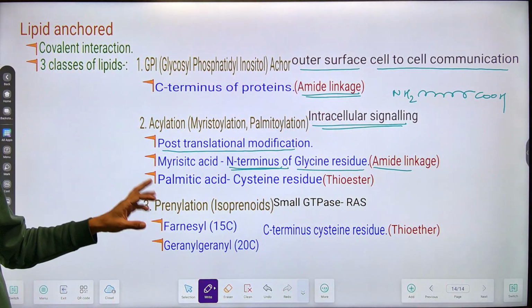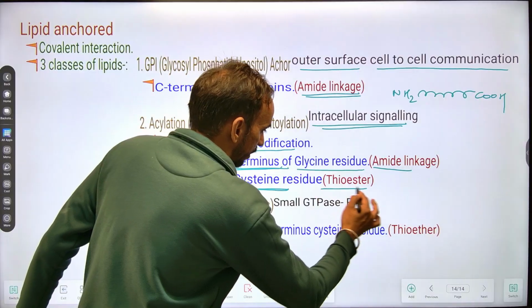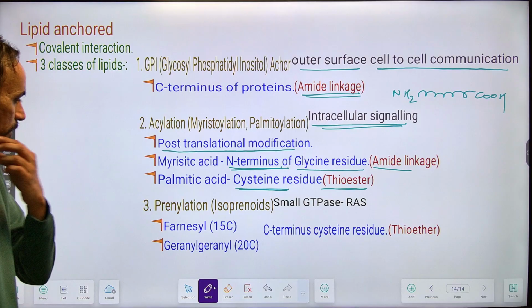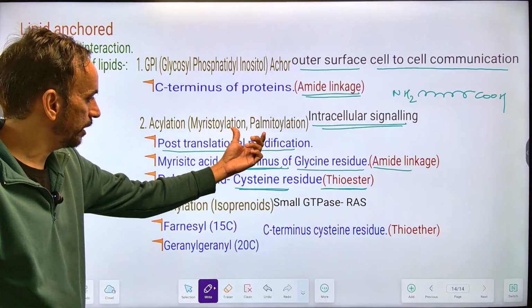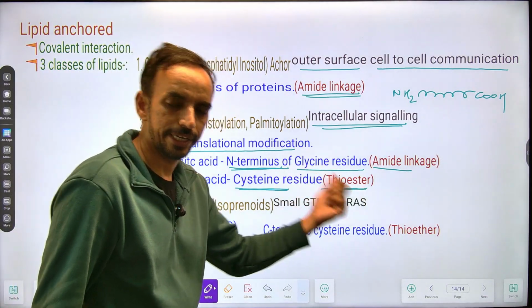Similarly, the palmitic acid attaches to the cysteine residues through a thioester, because cysteine is a sulfur containing amino acid. So जो palmitic acid attach होता है cysteine residue पे attach होता है, so palmitoylation जो होता है वो cysteine residue पे होता है through a thioester linkage.